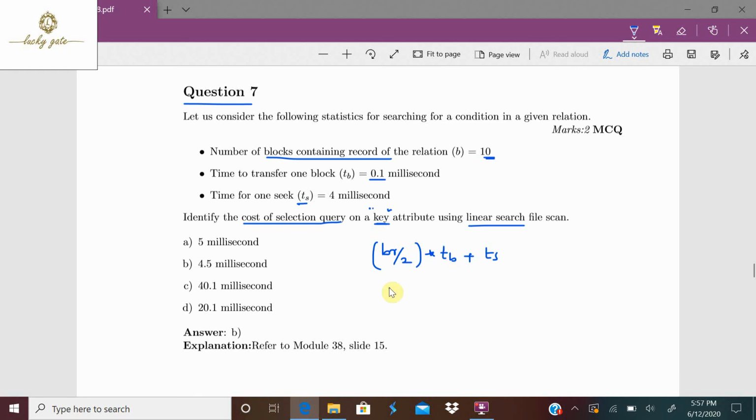Blocks containing records are 10 by 2 into the time to transfer one block, that is 0.1, plus time for one seek, which is 4 milliseconds. 10 by 2 is 5. 5 into 0.1 is 0.5 plus 4, which equals 4.5 milliseconds. That is option B.